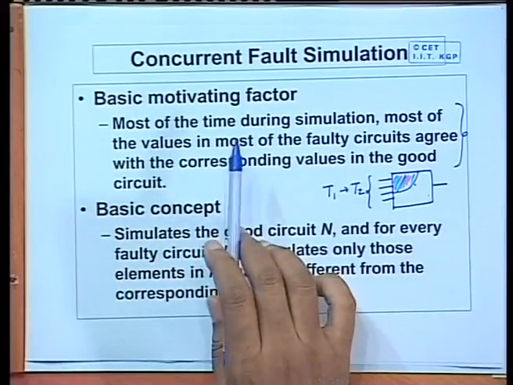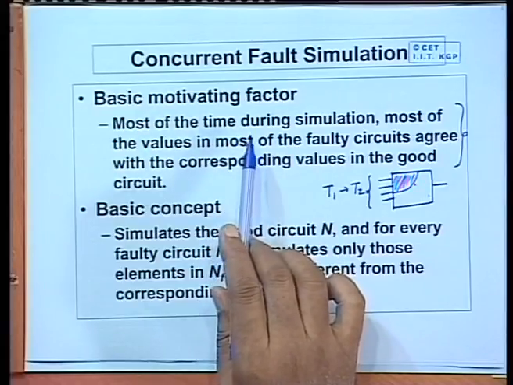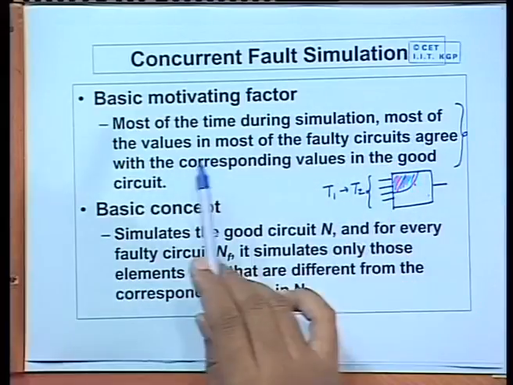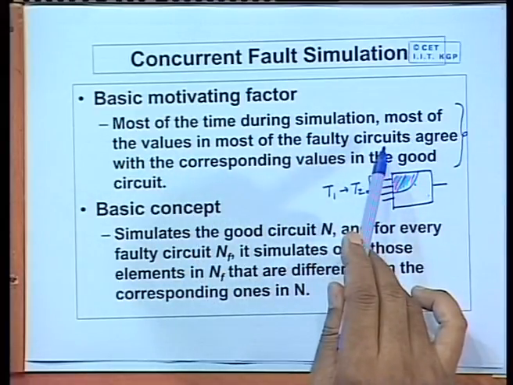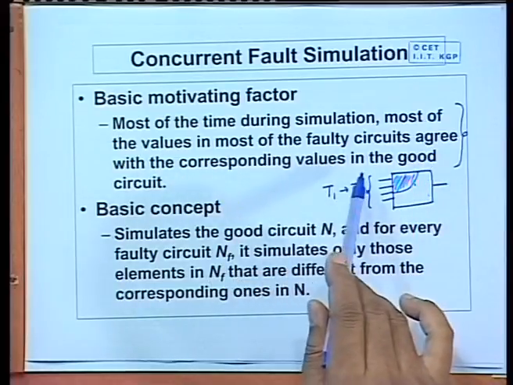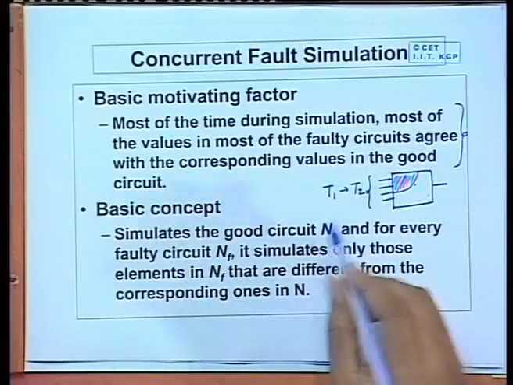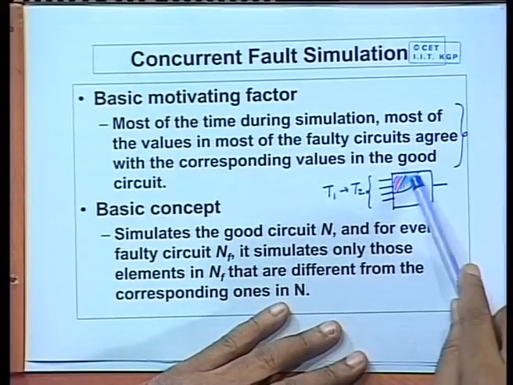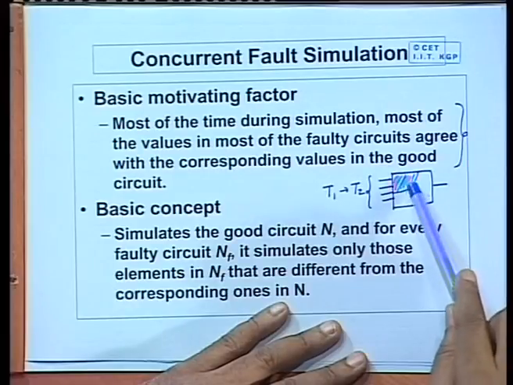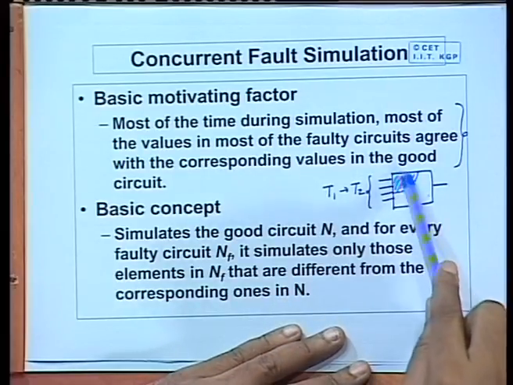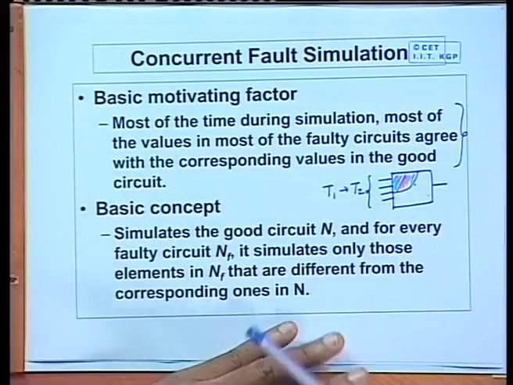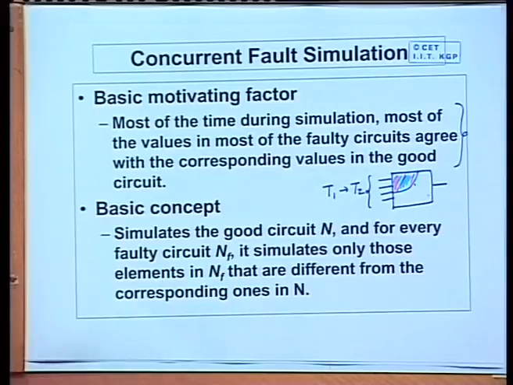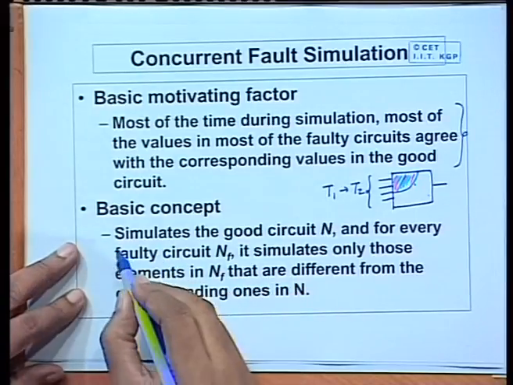So, the idea we are trying to take advantage of is that most of the time during simulation, most of the values in most of the faulty circuits agree with the corresponding values in the good circuit. Say with respect to two faults, maybe the values will differ in those local portions of the circuit where the faults have been injected. The remaining portion, the logic values may be all same. So, we try to take advantage of this fact, and what do we do?